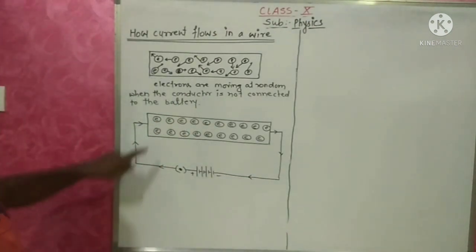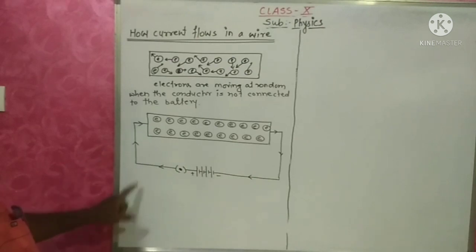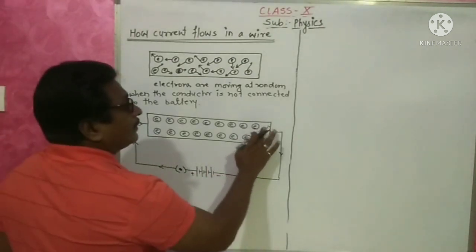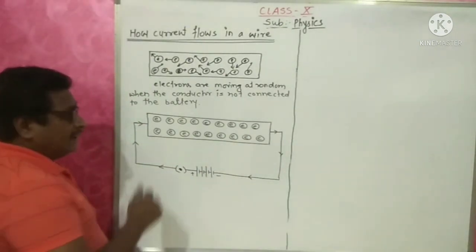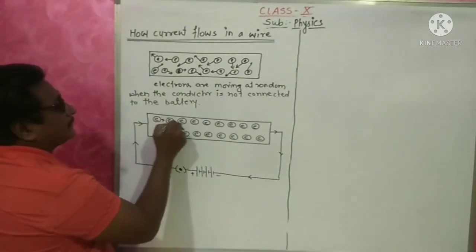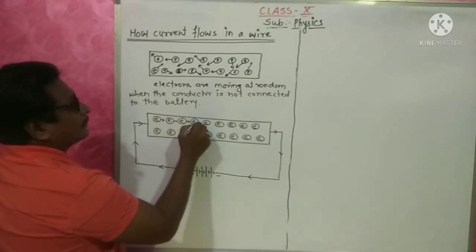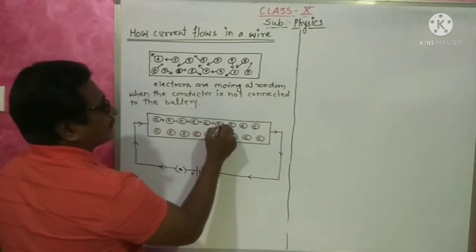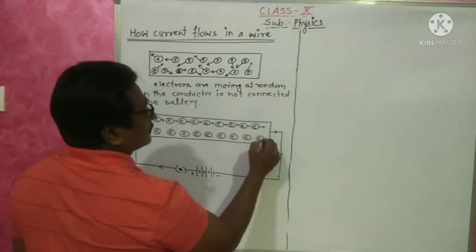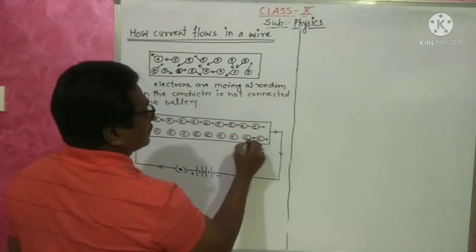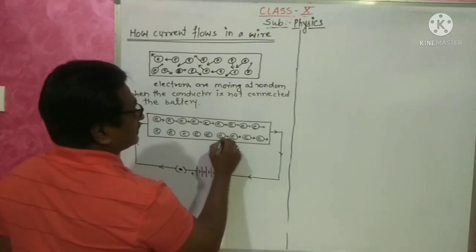But as soon as we connect the conductor to the battery, all the electrons move in a systematic manner, in one direction.